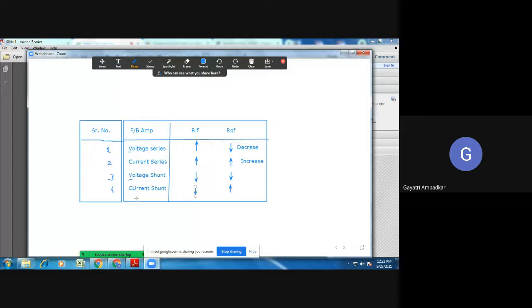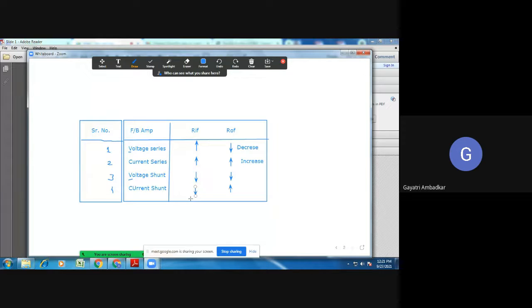For current, they are connected in series, which implies an increase in the resistance. Got it? Similarly, look at the second letter. The second letter indicates the way of mixing at the input side. When it is series mixing, it is definitely going to increase the input resistance of the amplifier with feedback. So wherever you find series, you can write increase. Wherever you find shunt, you can write decrease. This is how to remember this.